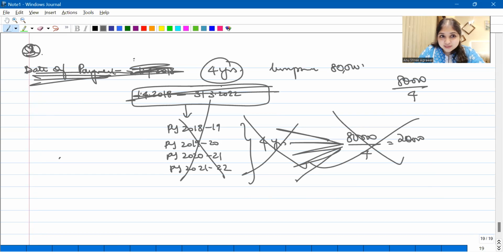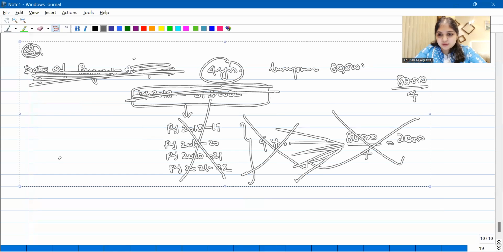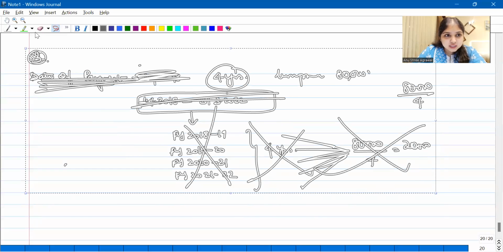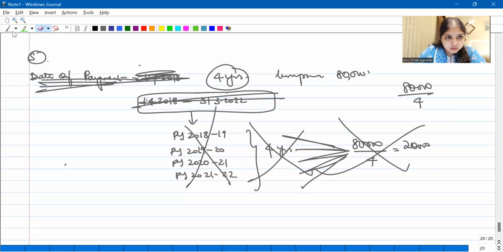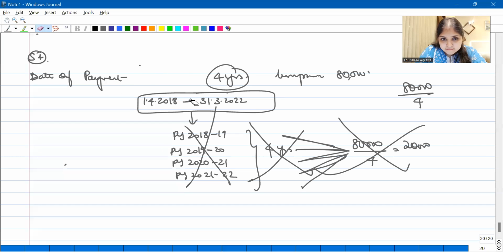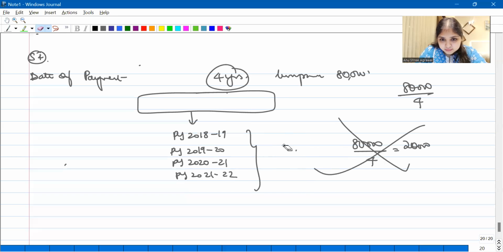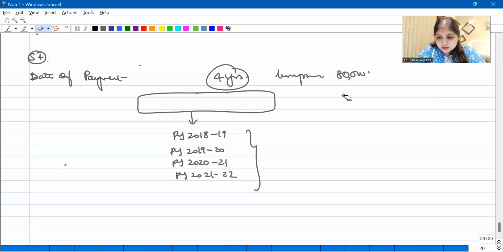One last point, one last situation. Let us say situation 4. What if it is 31st March 2018, 4 years, then what would the period be?